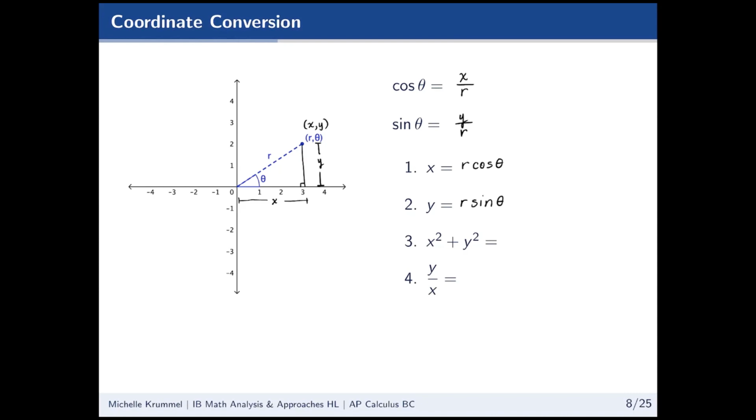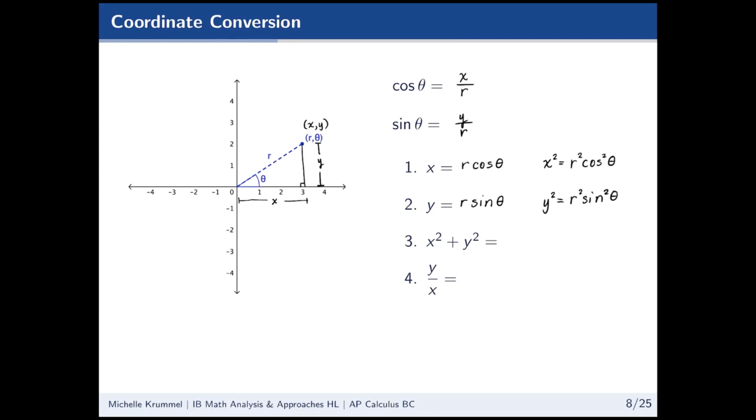And x squared plus y squared: if I square the equations in numbers 1 and 2, and then add the left-hand sides and add the right-hand sides, let's do that individually. Here x squared equals r squared cosine squared theta, and y squared equals r squared sine squared theta.